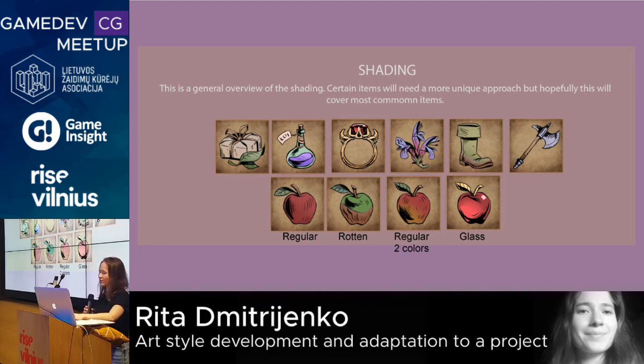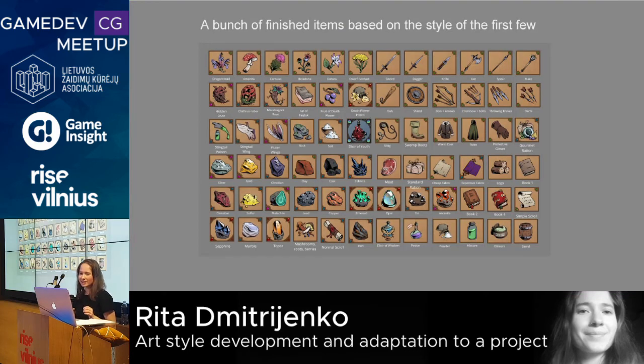As I mentioned, up to this day I probably drew around 10 inventory items, and we now have over 100 finished and in production. Here's a little bit of a sneak peek into what these 6 starting pieces have produced. A ton of inventory items.